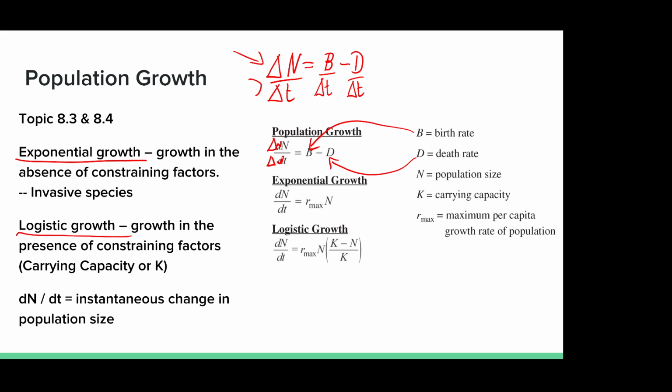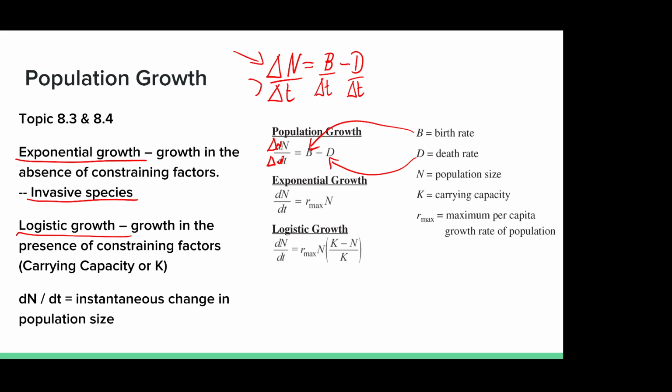In biology, that's indicative of an invasive species. An introduced species into an environment will grow exponentially. A protected species may grow exponentially. But in general, that is not the common way that populations grow in a natural environment.